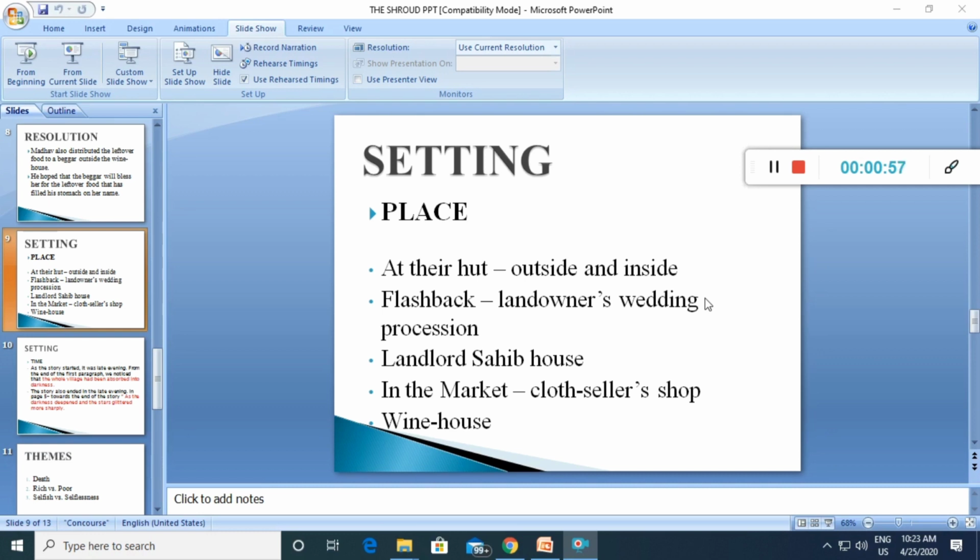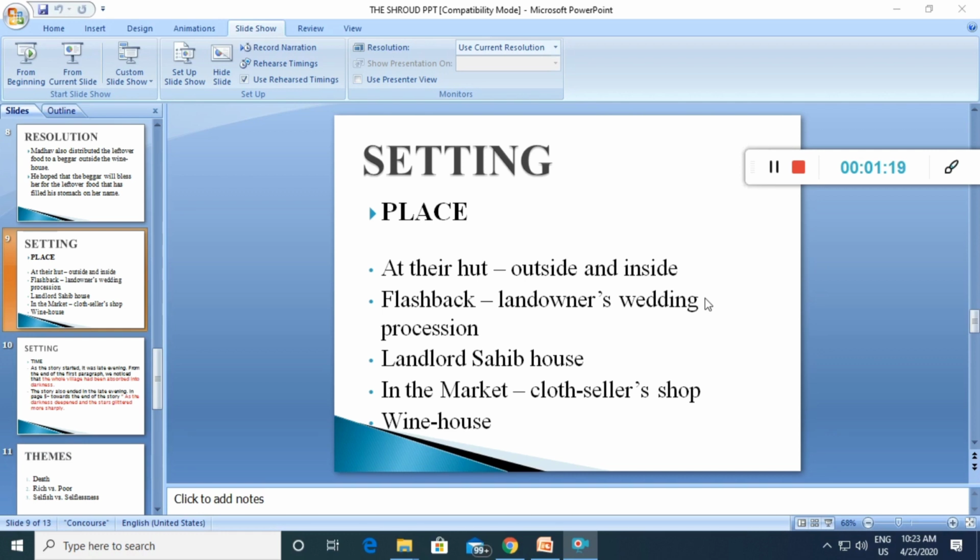We can also see the outside, where the two men were sitting at the fireside, right? And inside, the wife of the son was lying in labor, right? Okay.